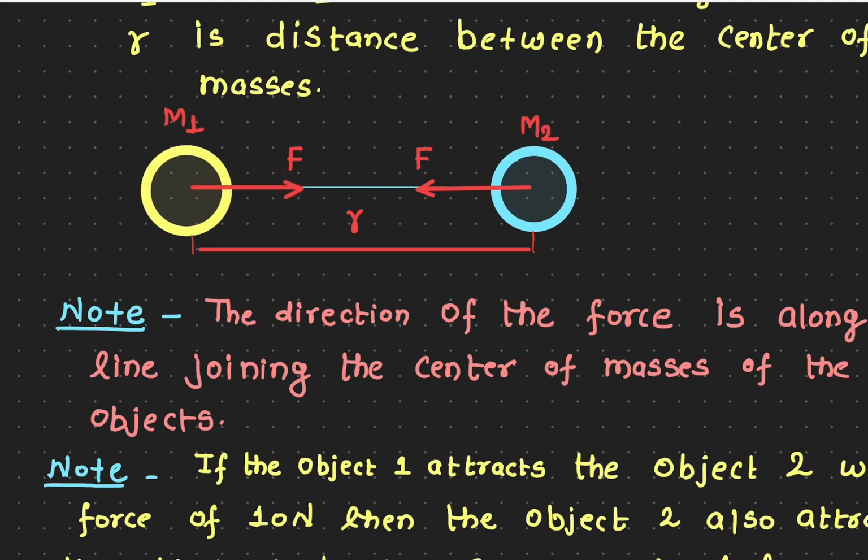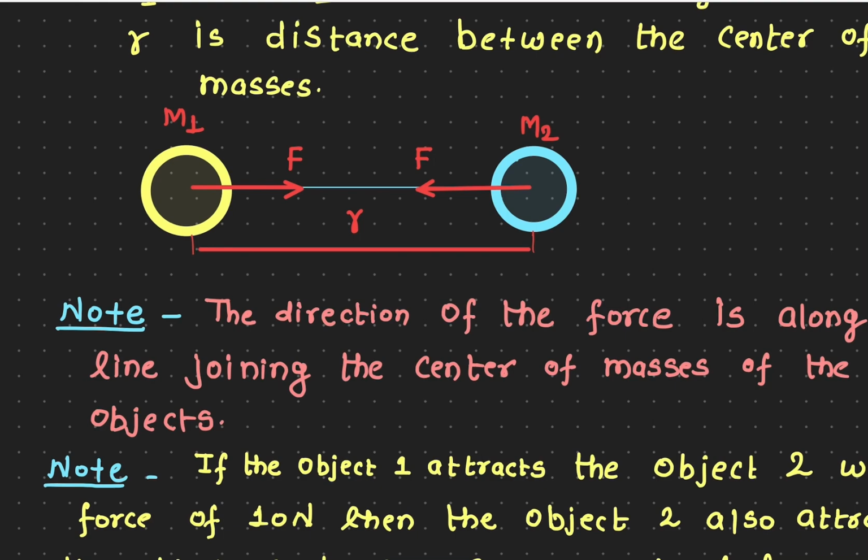Now if I look at the force on the second object, then the force would be this way, because there is attraction between these two. So this object attracts the second object in this direction, and the second object attracts the first in this direction. And one more thing, the force is always along the line joining the centers of mass.